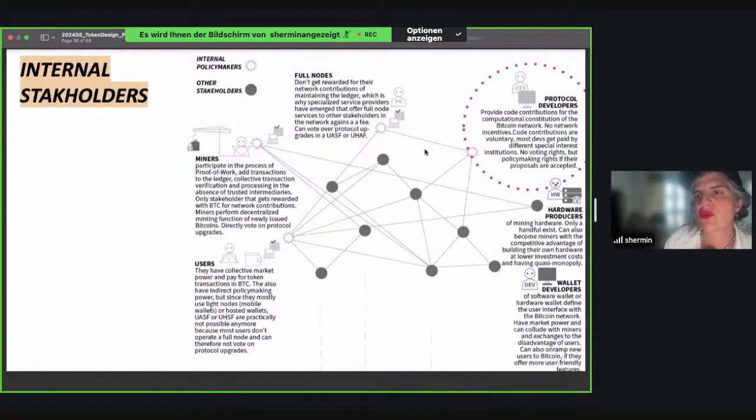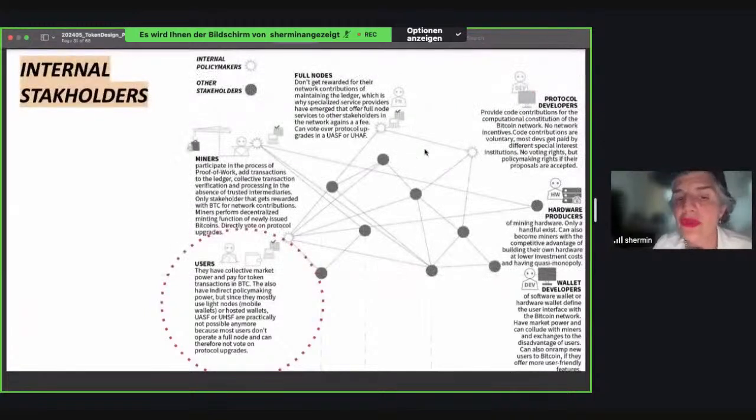Obviously, we have those who develop the protocol, who contribute with code propositions of how to improve the protocol. They can also operate a node in the network, but they don't necessarily have to. In the beginning, everyone was doing everything, but eventually these different stakeholder groups emerged.